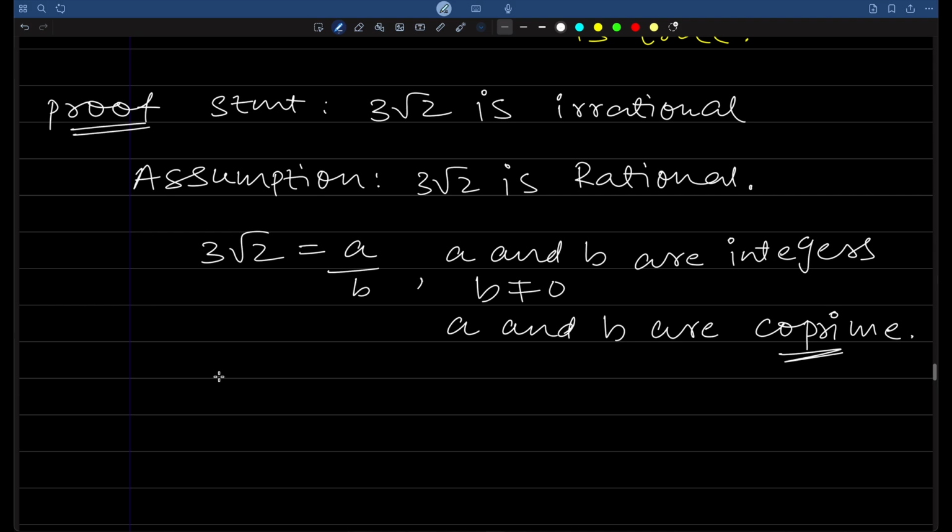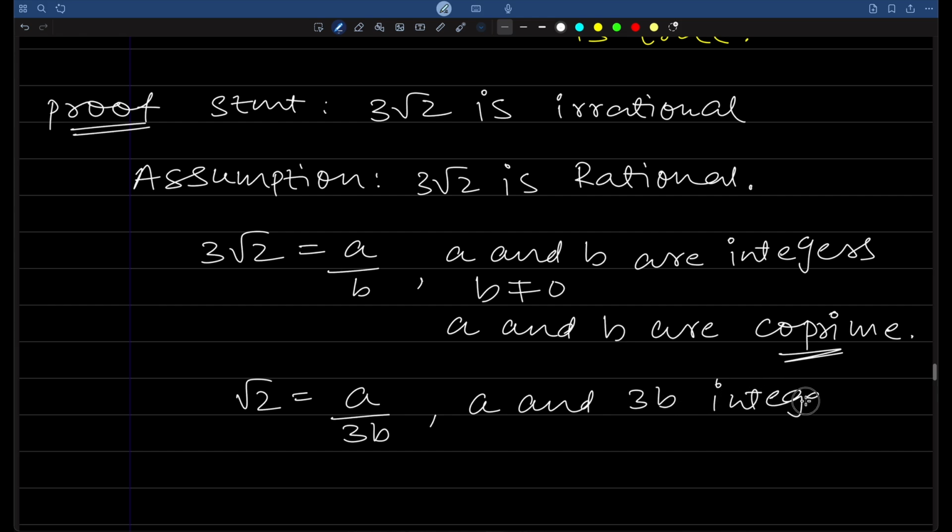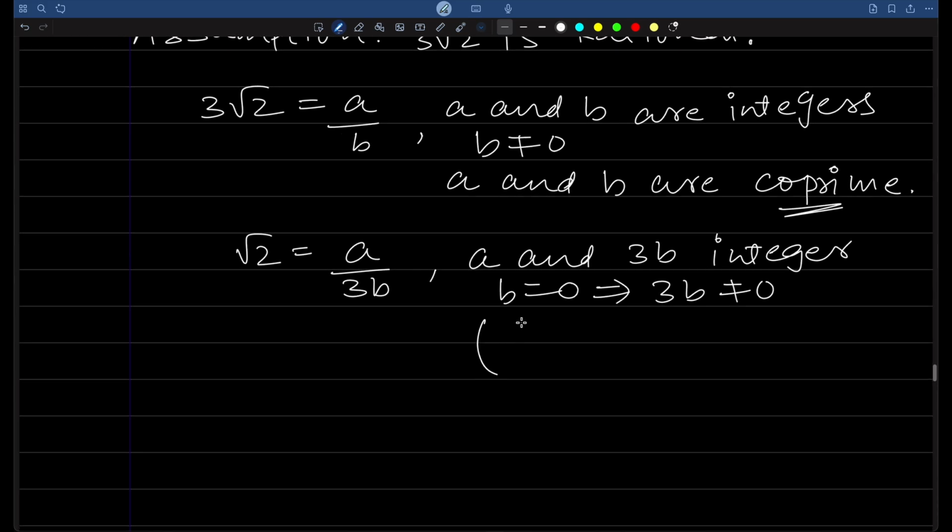Now if 3 root 2 equals a divided by b, that is, root 2 equals a divided by 3b, and we have a and 3b as integers and b not equals to 0. This implies 3b is also not equal to 0, and hence a upon 3b is rational.